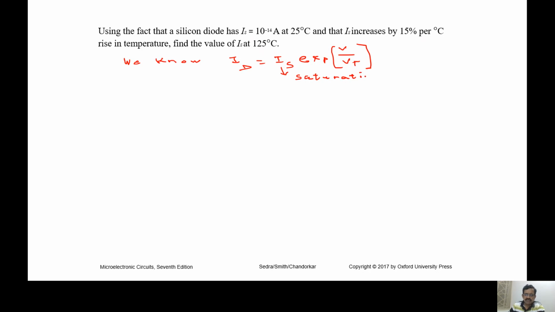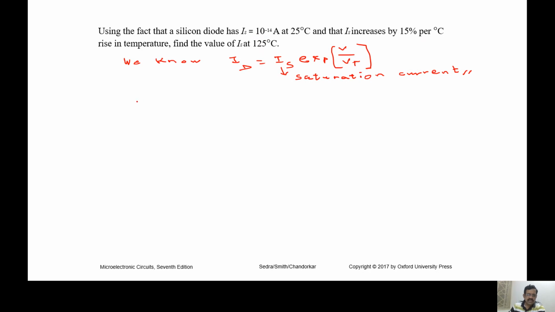So the saturation current increases. Those facts were explained earlier while taking the semiconductor physics. Now we have to look at only IS, because the question is only about IS.